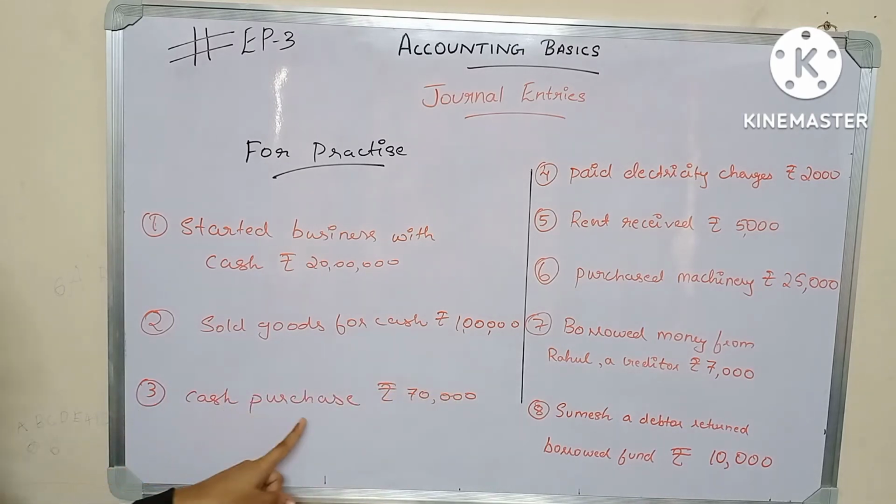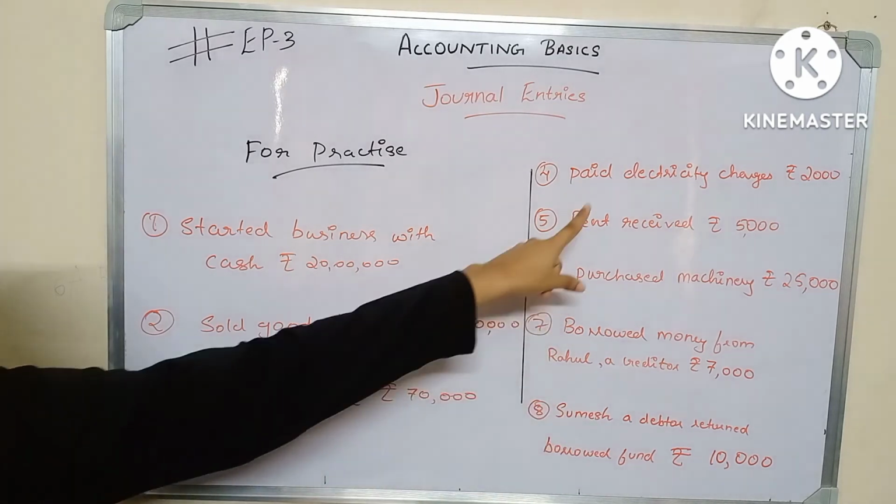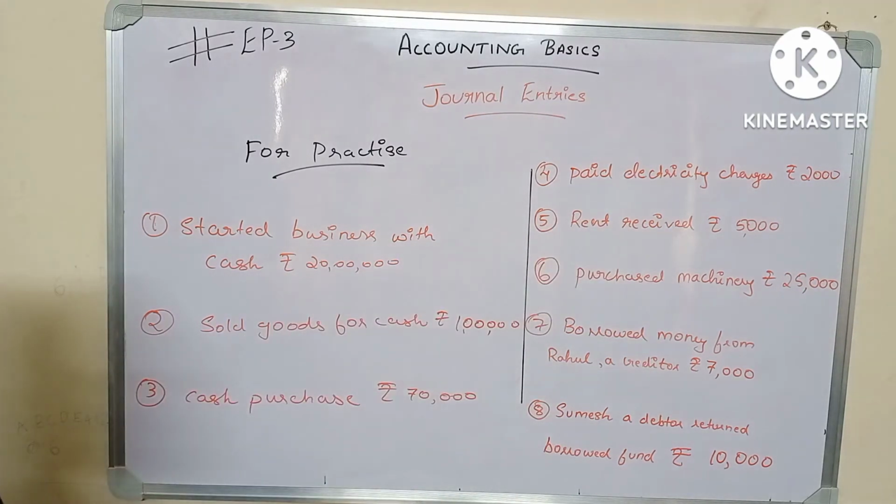Third one, cash purchase rupees 70,000. Fourth one, paid electricity charges rupees 2,000. Fifth one, rent received rupees 5,000. Purchased machinery rupees 25,000. Borrowed money from Rahul, a creditor, rupees 7,000. And the last one, Sumesh, a debtor, returned borrowed fund, rupees 10,000.